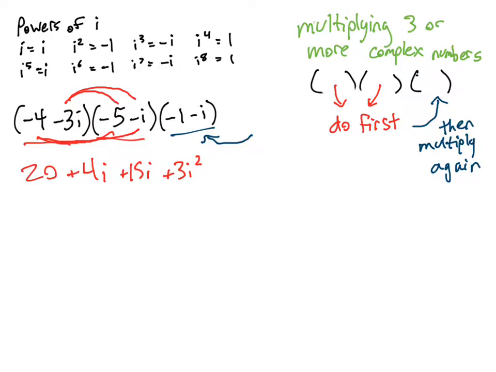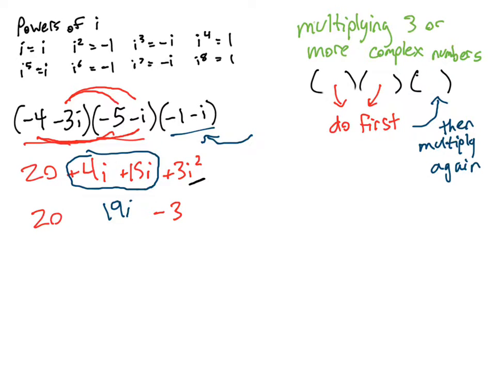Now before we continue and multiply this times this expression in blue, let's clean up what we've got in red. There's a couple of things we can do. We can combine together these like terms of i. 4 plus 15 gives us 19i. And since i squared is equal to -1, let's turn this i squared into -1, which means that plus 3i squared is really -3.